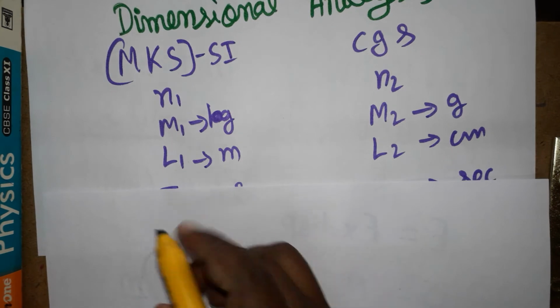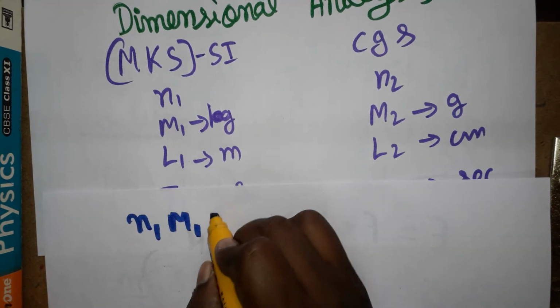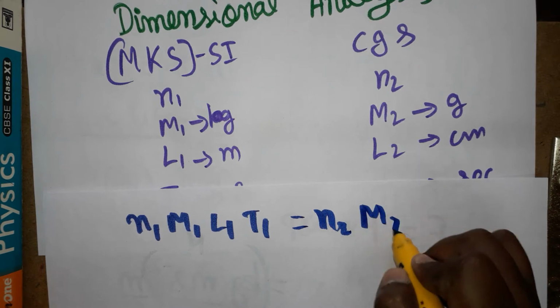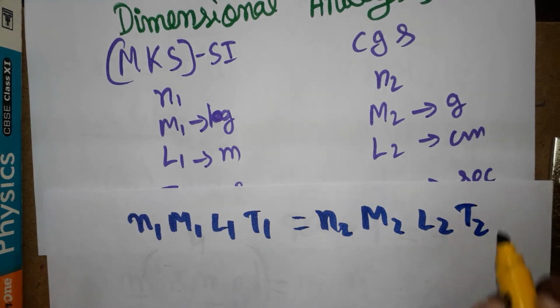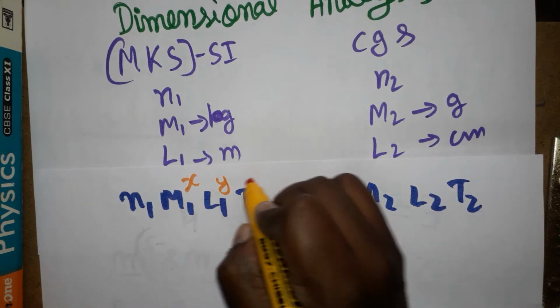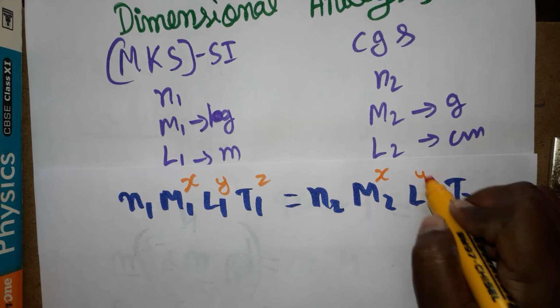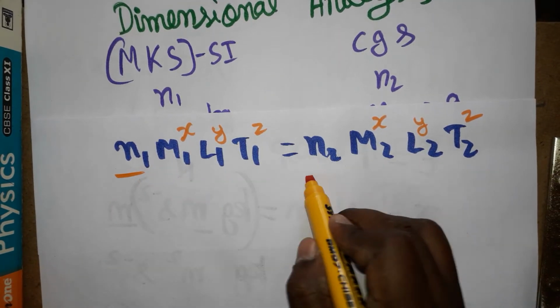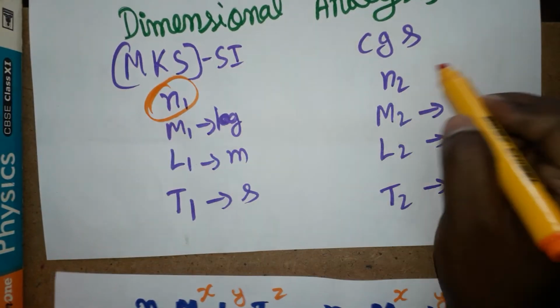So I am writing like this: n1 [M1, L1, T1] is equal to n2 [M2, L2, T2] with the power of x, y, z. I want to find the relation between n1 and n2, the relation between the SI and CGS systems, which we don't know.